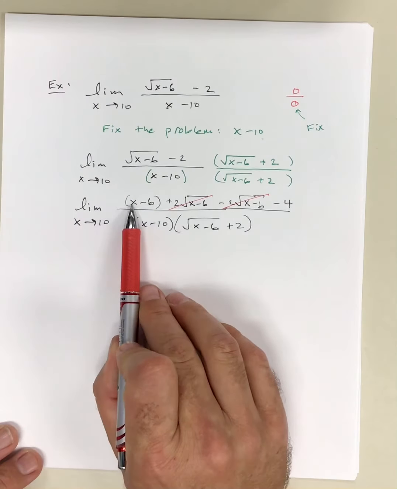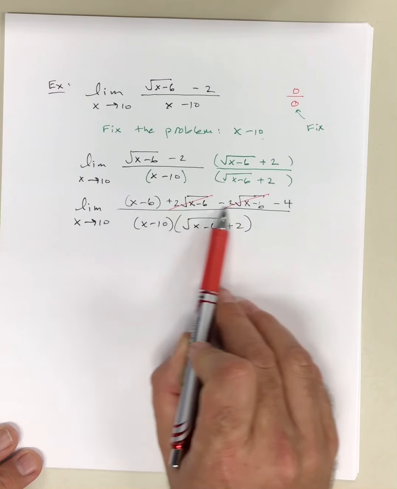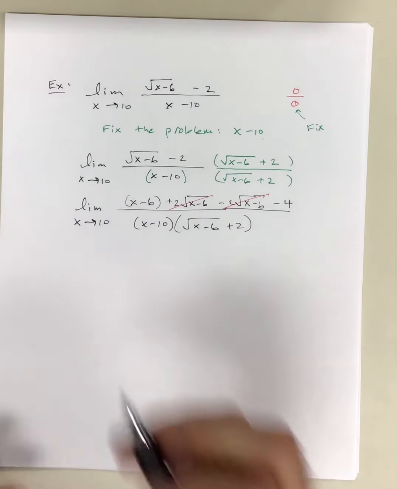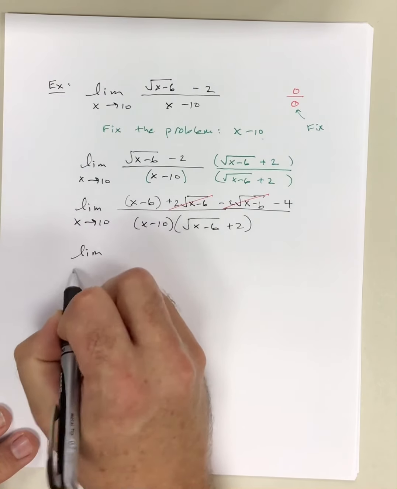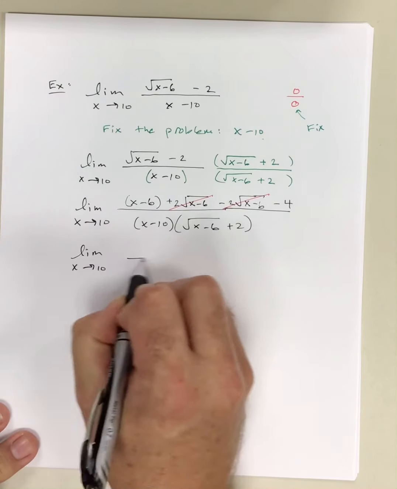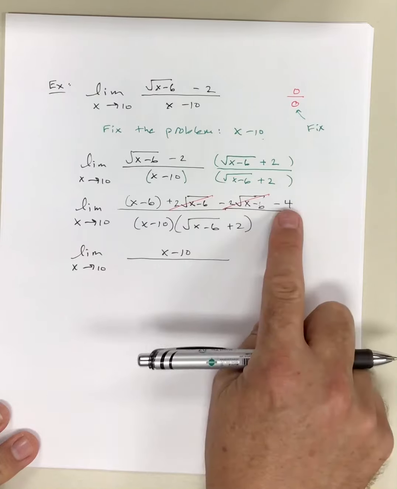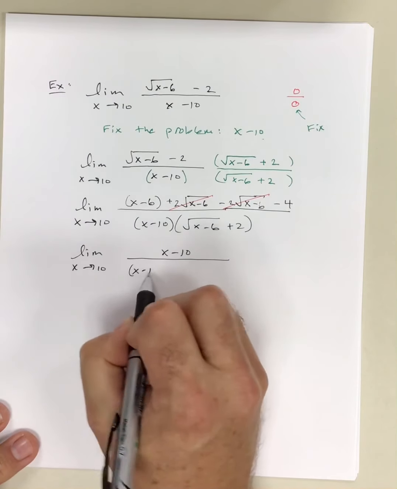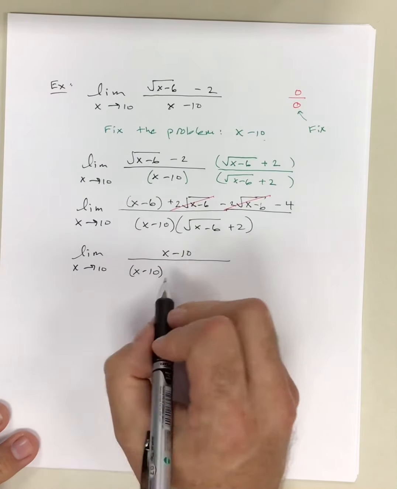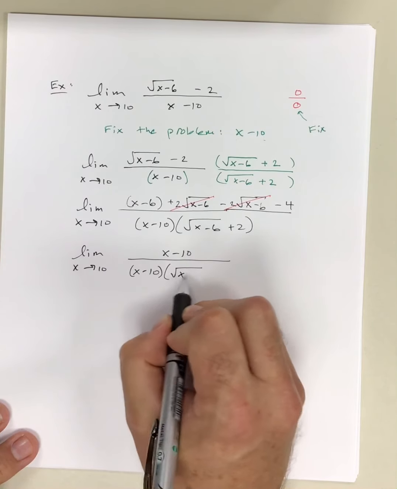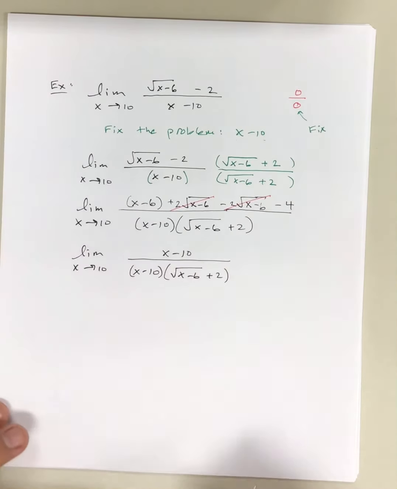And we're left with x minus 6 minus 4. So as promised, everything's working out just the way we needed it to. We have a factor of x minus 10 in the numerator that we can use to divide a factor of x minus 10 in the denominator.